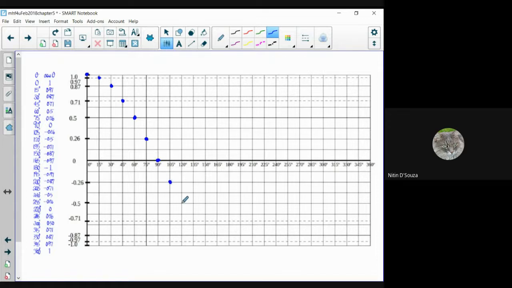Then negative 0.26, 0.5, 0.71, 0.87, 0.97, negative 1, and back up through 0.97, 0.87, 0.71, 0.5, 0.26, 0.